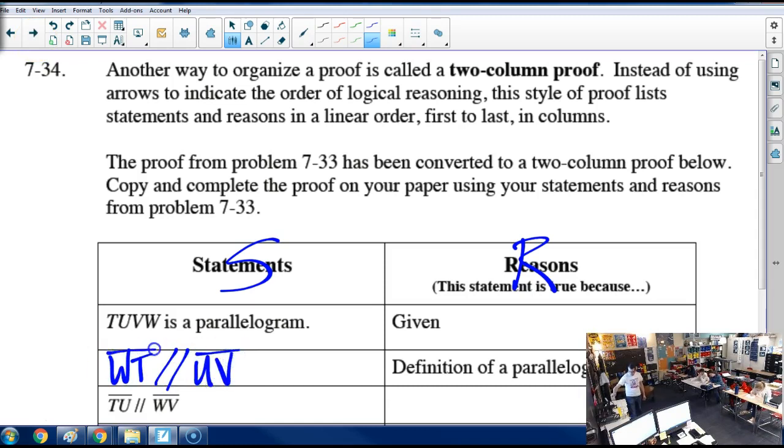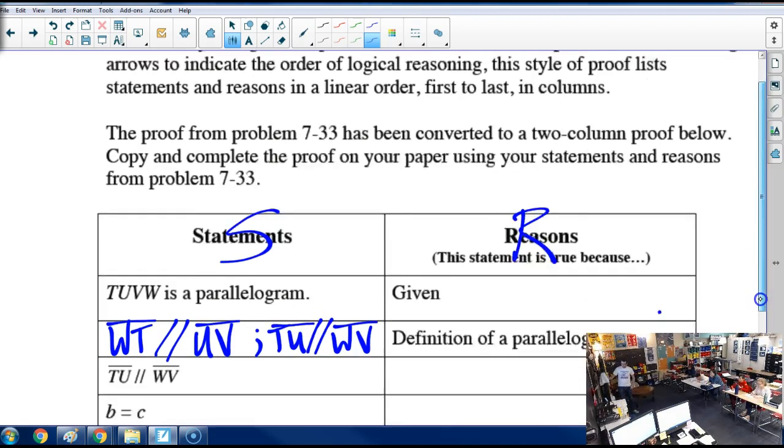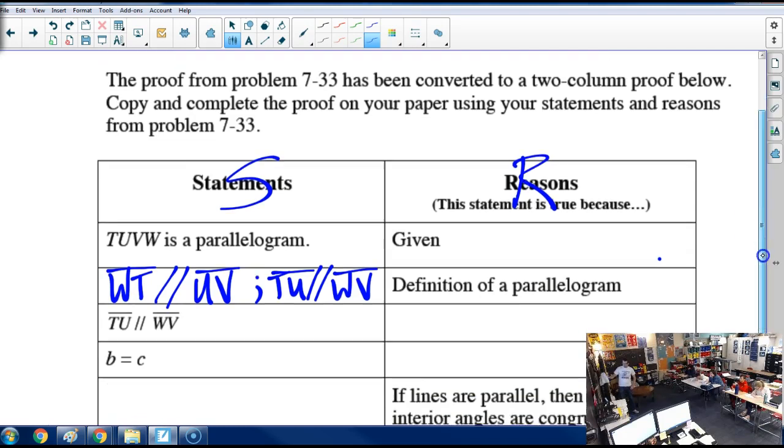However, we could also, in the same step, say TU parallel to WV, because both of those things are part of the definition of a parallelogram.